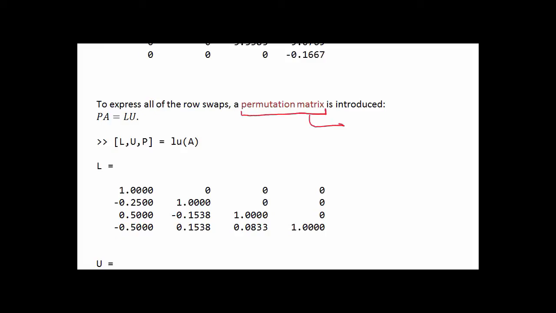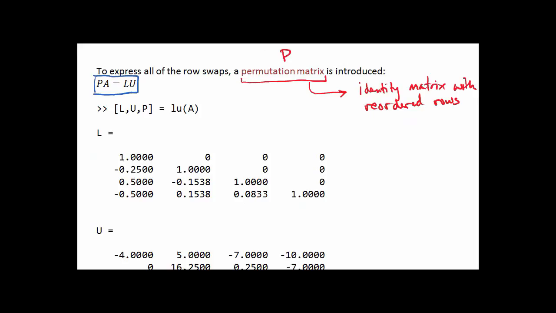So a permutation matrix is an identity matrix with reordered rows. And given that permutation matrix P, then the factorization becomes P times A is equal to LU.